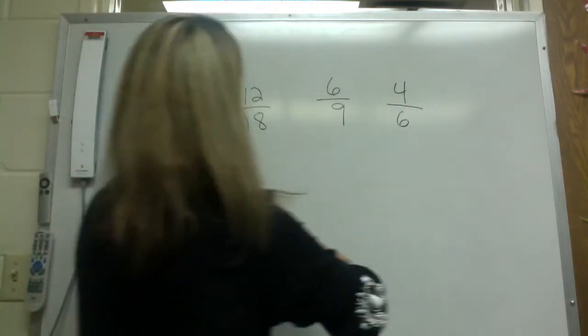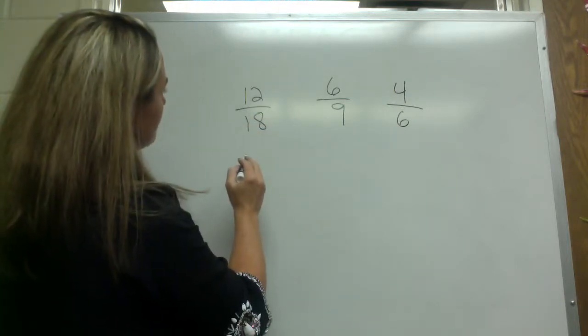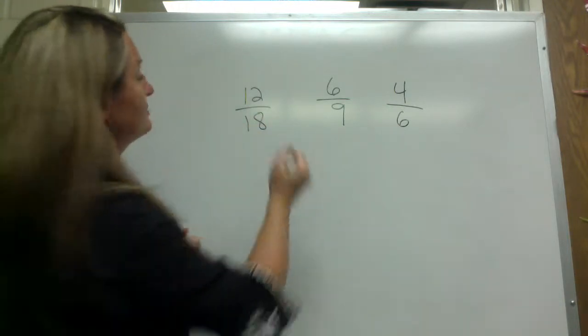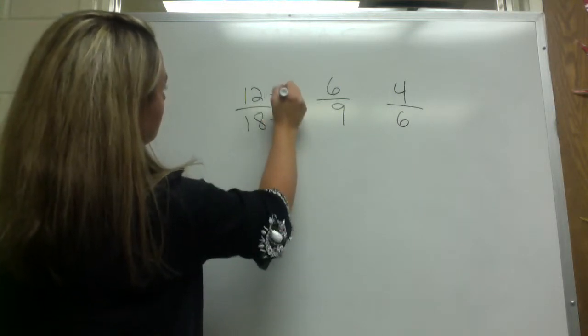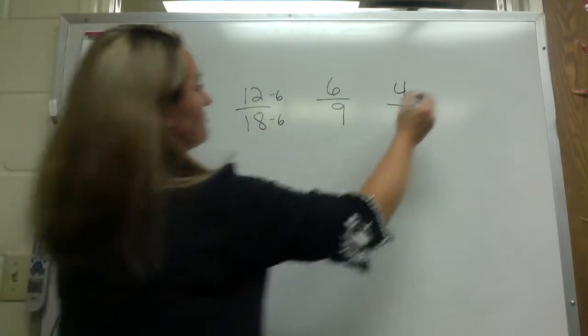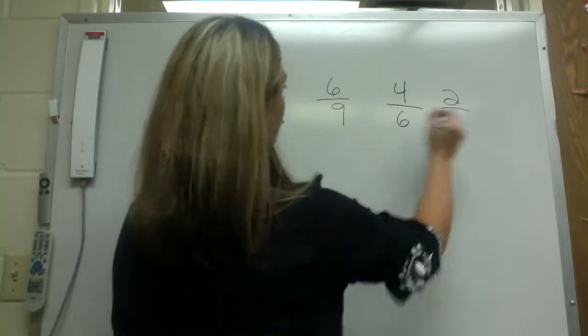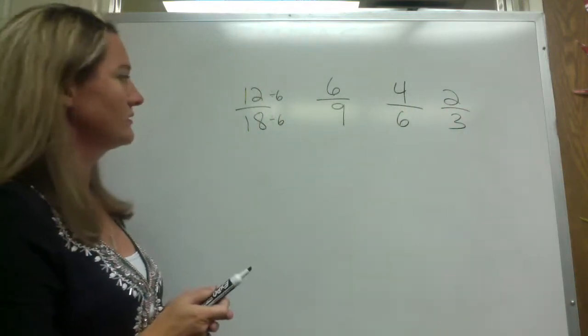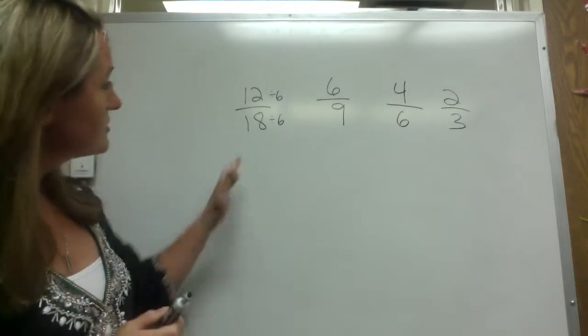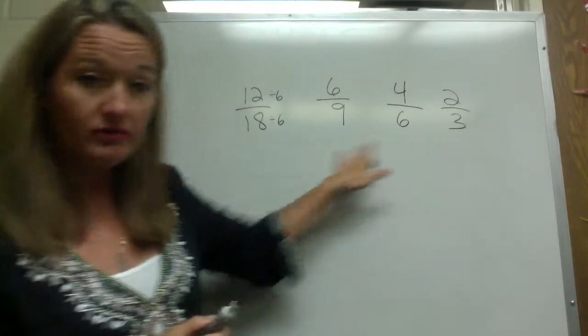No, they're not divisible by 4, but they're both divisible by 6. That's what I was getting at. So that would be 2, and that would be 3. So disregard the whole divisible by 4 thing. That was an oops. These are all equivalent fractions.